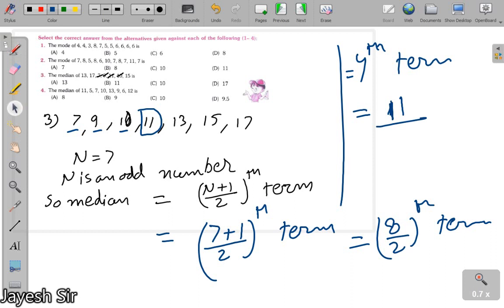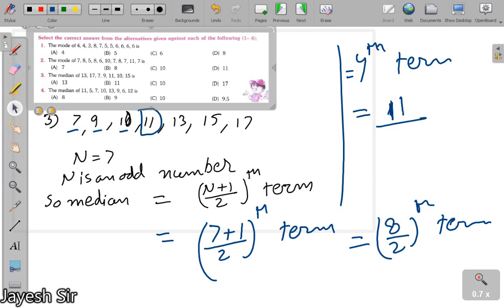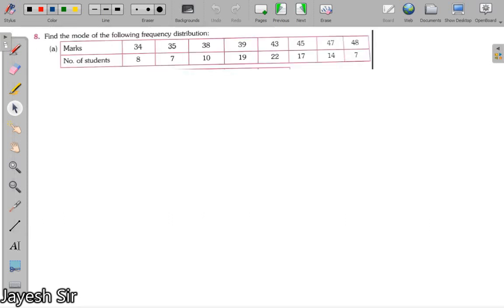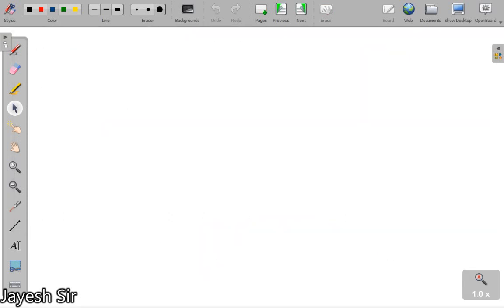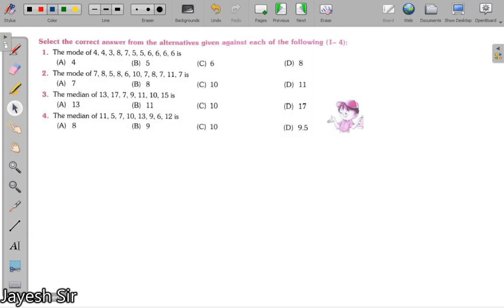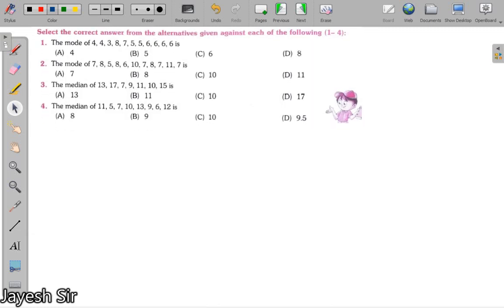In the same manner, question number 4. Again we have to find the median. First of all, we arrange them in ascending order. The answer for the previous question was 11.